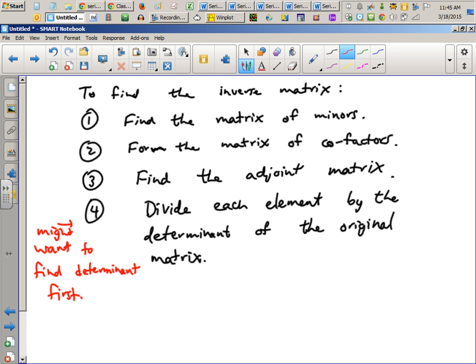You discover the determinant was 0 all along. You can't divide by that. See the problem? So it's probably wise to just double check at the beginning of a problem, is my determinant 0? Because if it is, I'm wasting my time doing steps 1, 2, and 3. Okay, so that's kind of just a rule of thumb. Cramer's rule is the same way. You got to find d sub x, d sub y, d sub z, and d. Why don't you find d first and see if this problem even makes sense? Okay? All right, so let's just go ahead and run through these steps.